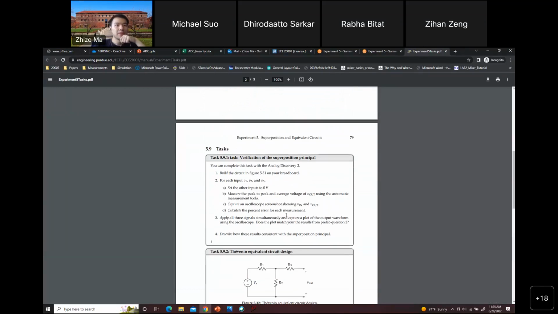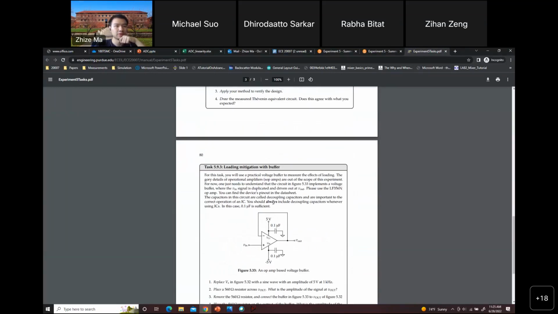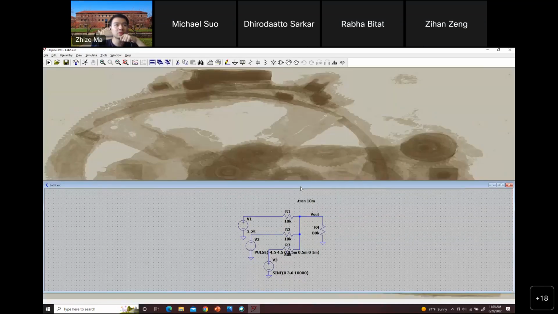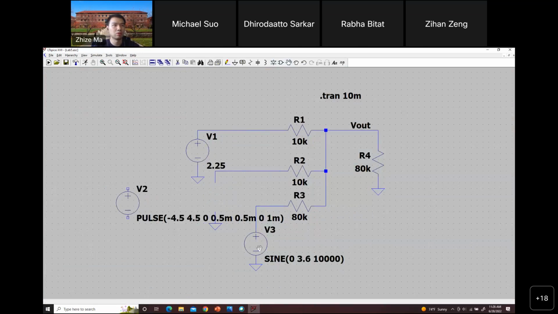There are some common mistakes for task 1 and also task 4. For example, in task 4, when you measure each individual input, say I treat V1 as my only input, what I need to do is remove my V2 and V3 and then short them to ground.